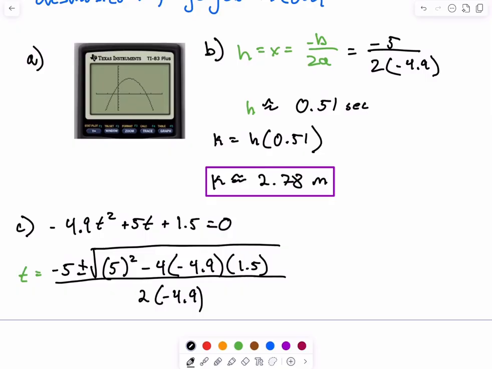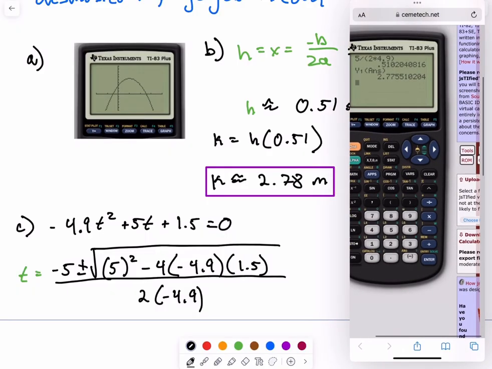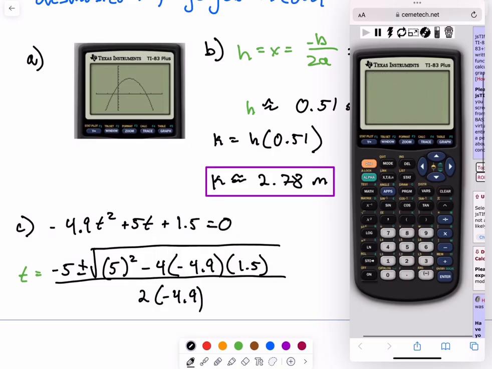It's positive. Okay. So here, I'm going to do my negative 5 minus the square root of 5 squared minus 4 times negative 4.9 times 1.5.